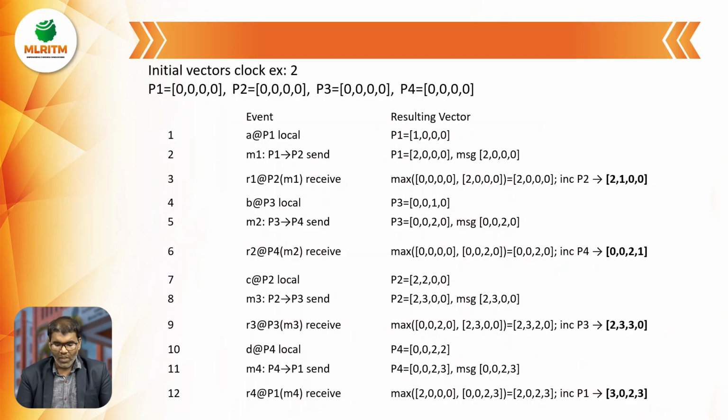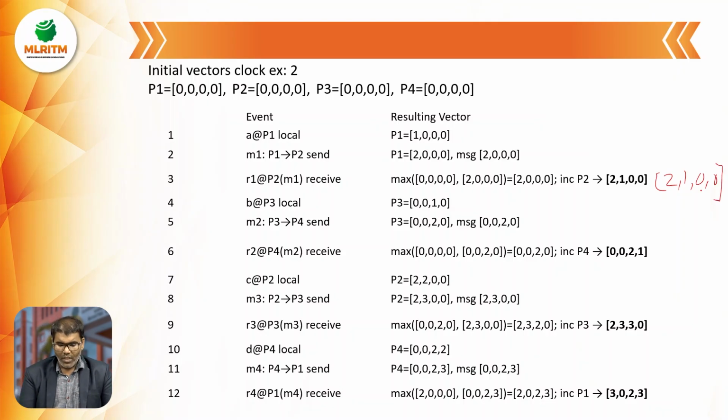And next, third one, b at the rate P2, here M1 is receiving with the matrix 0 comma 0 comma 0 comma 0 and 2 comma 0 comma 0 comma 0, by incrementing the 1. So for this 2 comma 0 comma 0 comma 0 we are incrementing with the 1. So that is in the second place. So after incrementing we are getting 2 comma 1 comma 0 comma 0. Like this we are getting.